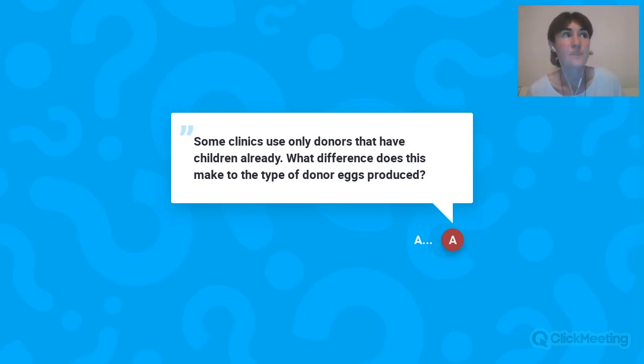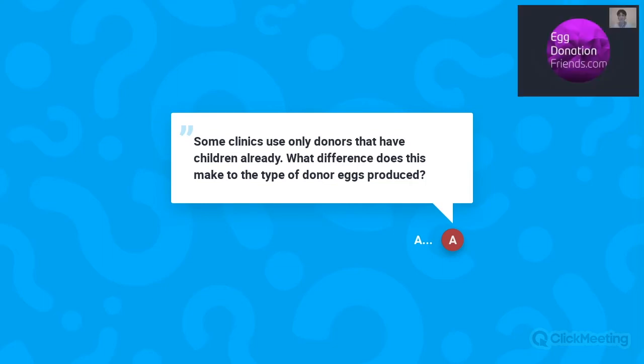So donors with proven fertility are definitely very valuable. You have to look a little bit more into their history, but you would probably lose good donors if you would put this as a rule to only take on donors which have already had babies. Yes, and thank you for the answer.